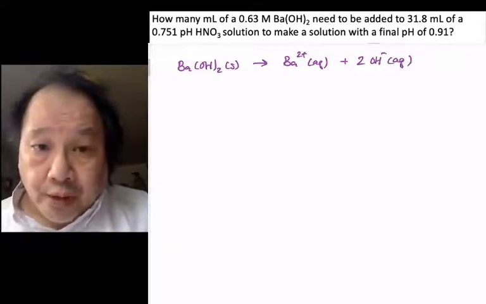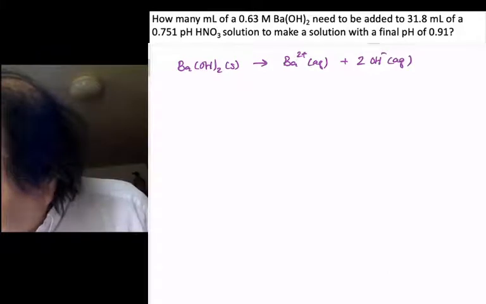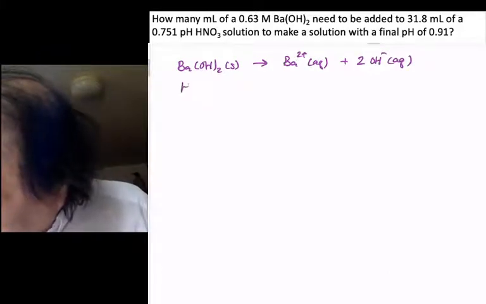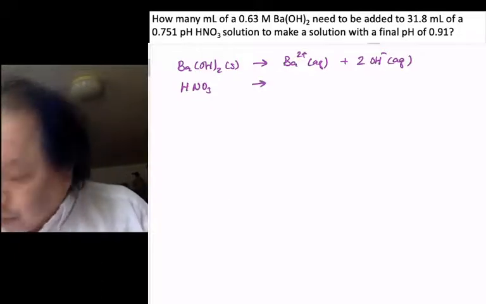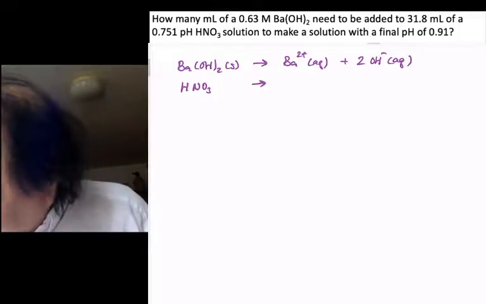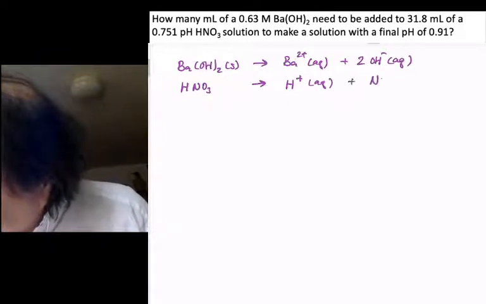So for every mole of Ba(OH)2, we get 2 moles of OH-, and HNO3, nitric acid, goes to H+ aqueous plus NO3- aqueous.